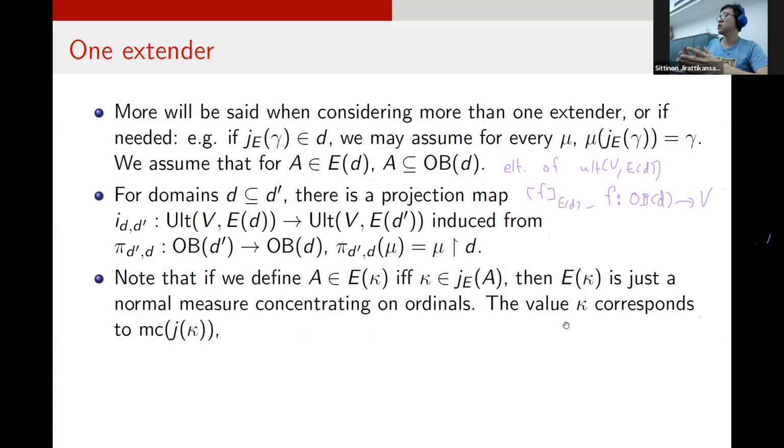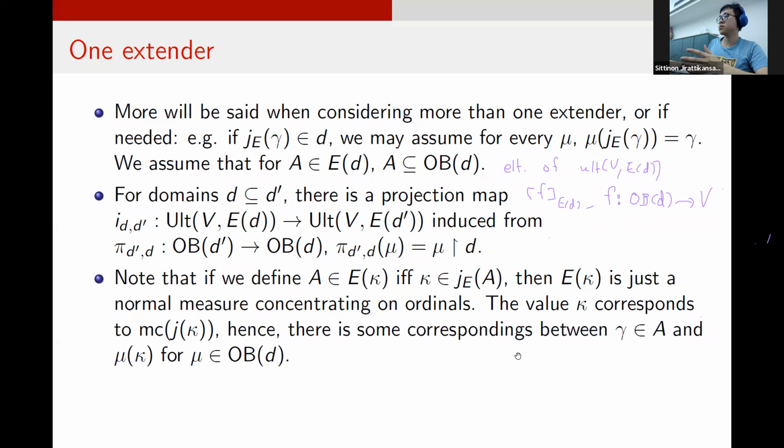And the particular correspondence is: for each gamma in A, for A in E kappa, so A concentrates on ordinals, you can correspond gamma to some mu of kappa for some object mu. I say it very vaguely, but just to give some picture.